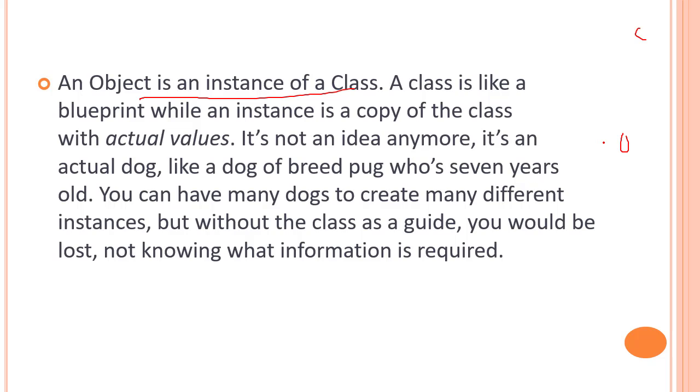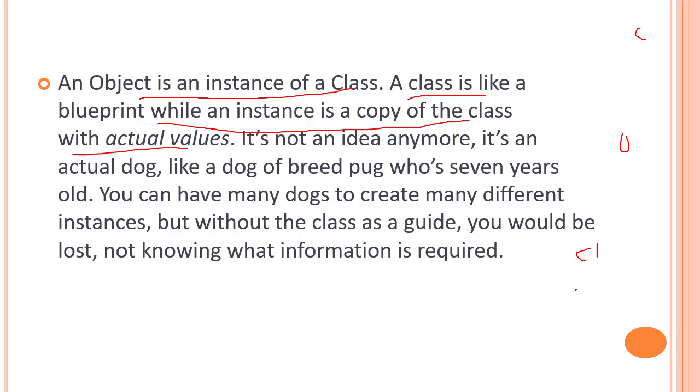So you are an instance of that particular class. Now, a class is like a blueprint, while an instance is a copy of the class with its actual value. As I told you, you are in class 12, and you guys are the actual entities or the actual objects belonging to that particular class. Whatever you guys are doing reflects the most of the class.